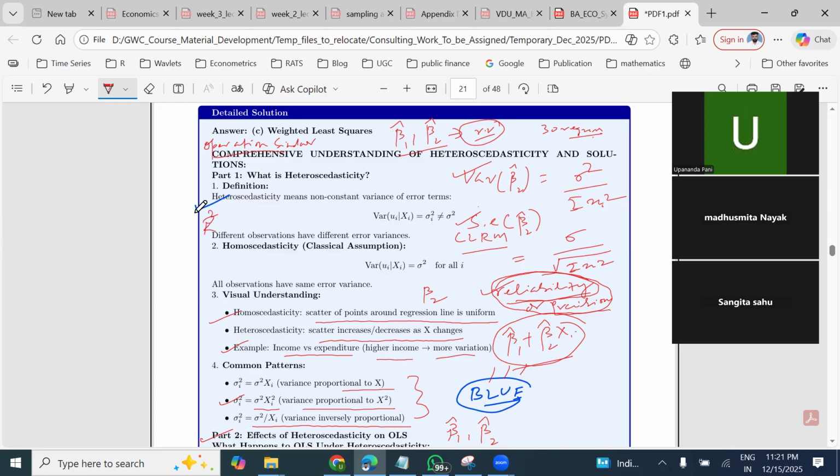But R square will come later on. First I will check the standard error of beta 2 hat. In the regression where the standard error is lower, I will say that regression is better in comparison to the other one where the standard error is higher. Clear? Yes, sir.